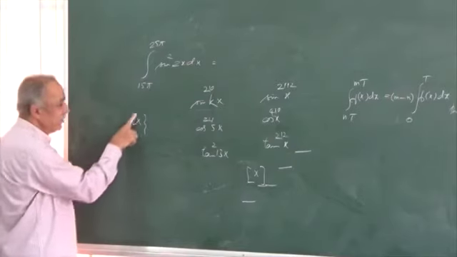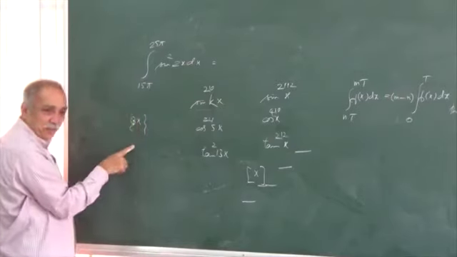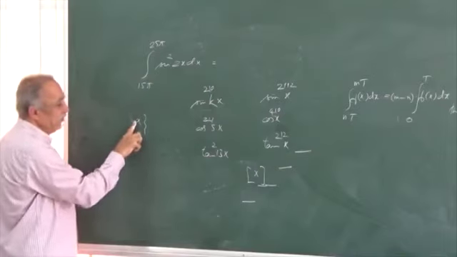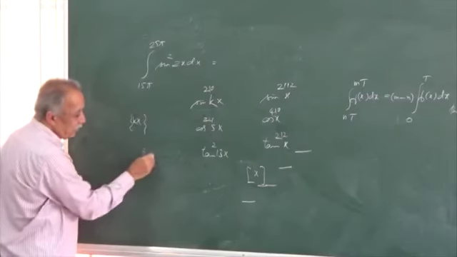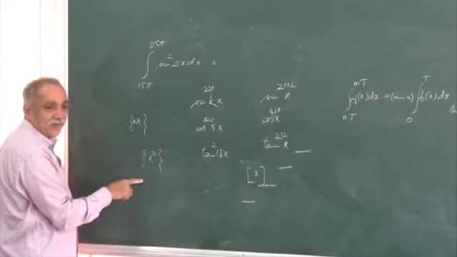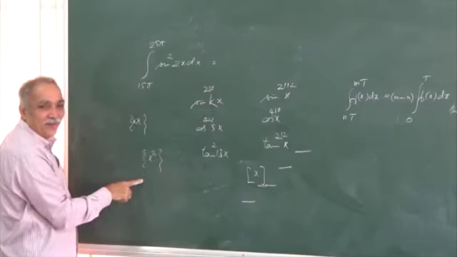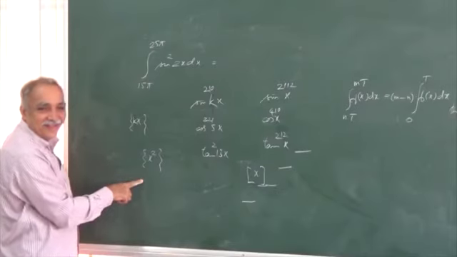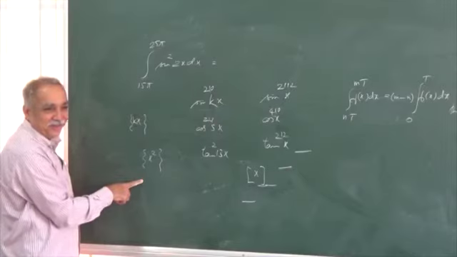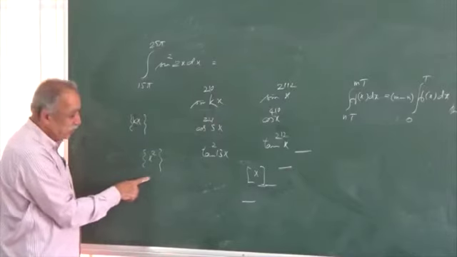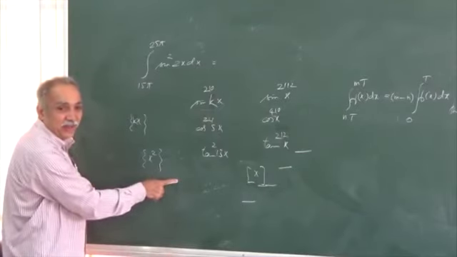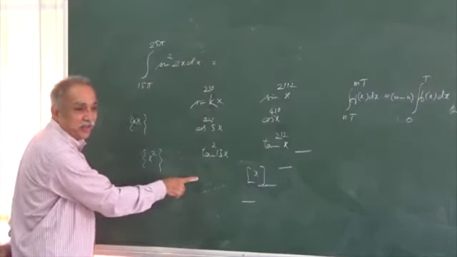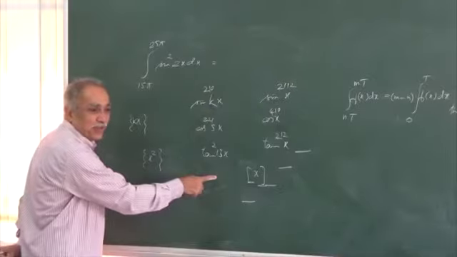Half. 1 by 3. 1 by k. Not periodic. From 0 to 1, you will have one value. From 1 to root 2, another value. Root 2 to root 3, third value. Root 3 to 2, fourth value. Not periodic.